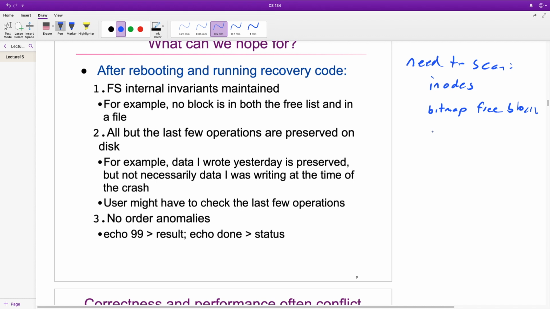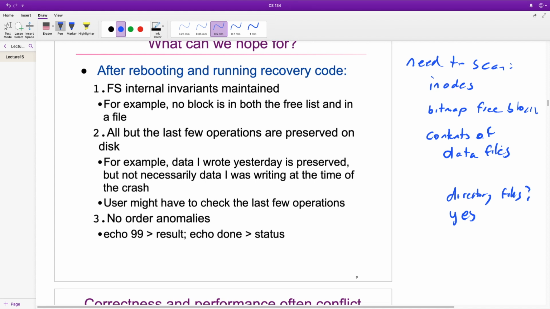Do we need to scan the contents of data files? Does that include directory entries? Well, that's why I said data files as opposed to directory files. So why don't you answer for the directory files? Yes, we need to, and that's a good point.